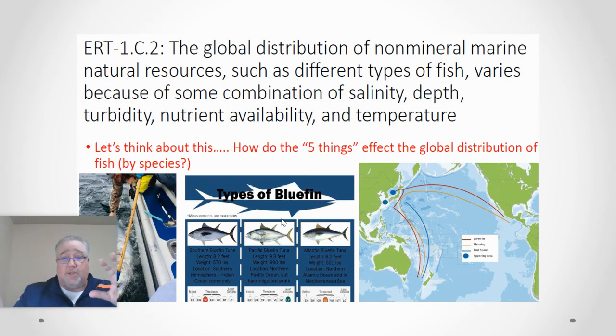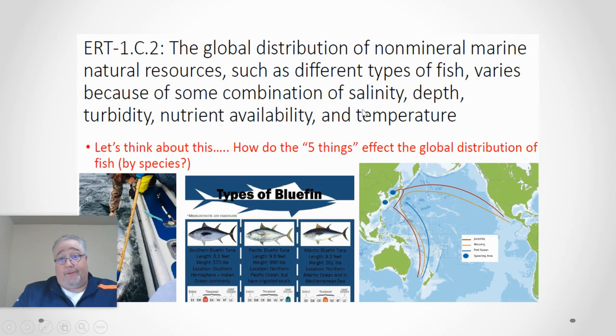So as the ocean is changing, as it's dynamic, the fish are moving as well. So this global distribution of all of our fish depends on what all those ocean conditions are doing.